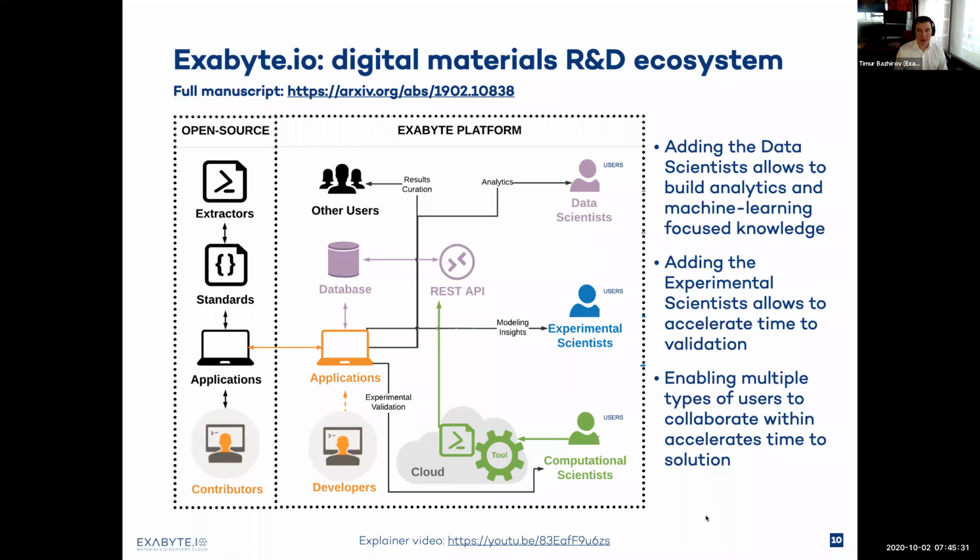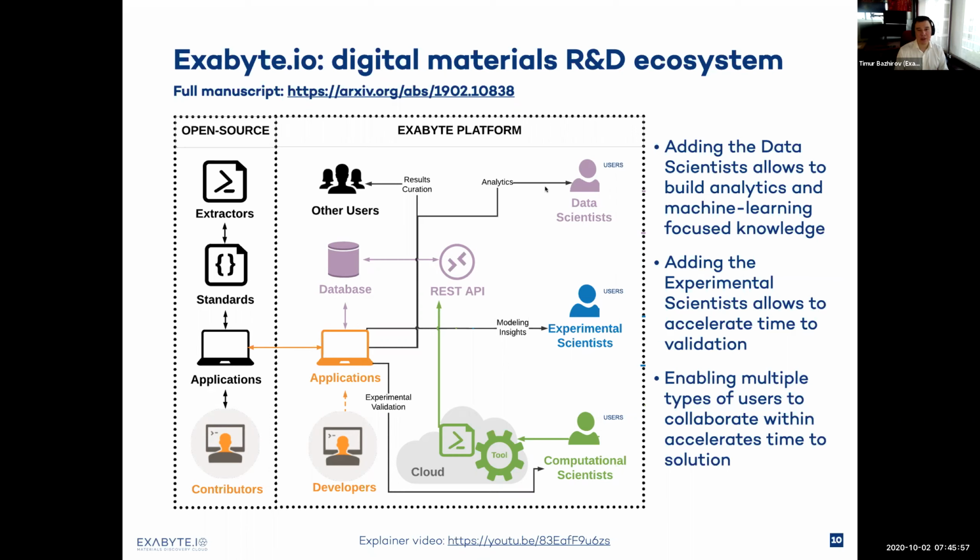As a next step after that, we incorporate support for data scientists and experimental scientists, of course, because it has to be multi-tiered, multi-way exchange. We have to understand which simulations work well. We have to validate them. We have to be able to build data-driven approaches too.